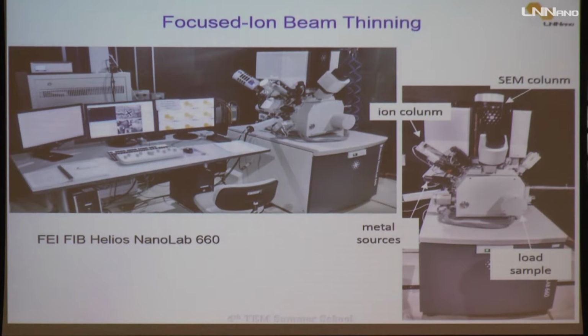And with this machine, we can do this kind of preparation. How do we do it? Here, we have an ion column with the gallium source. And then we can accelerate the gallium ions through your sample to make the thinning, the machining, the manufacturing of your sample. But with a very high precision.